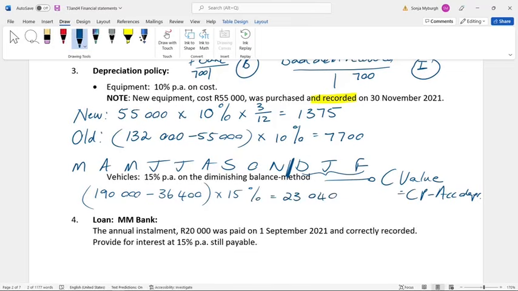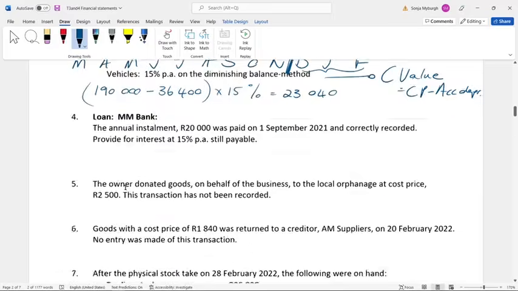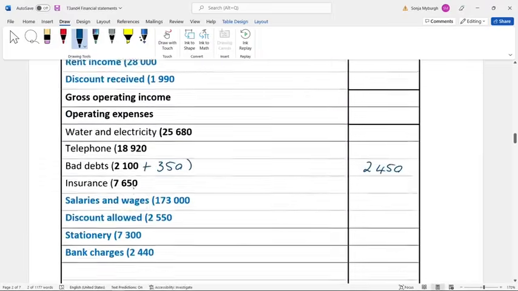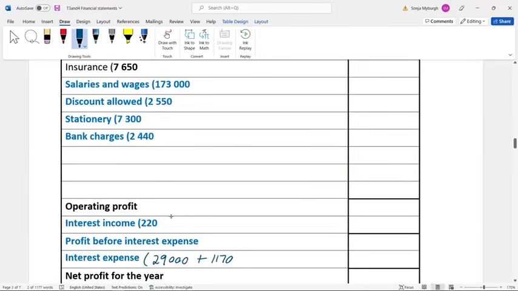On the statement of comprehensive income, we are going to show those 3 amounts separately. Depreciation is an expense to be added, not on the pre-adjustment trial balance, because this is something that we do at the end of the year.